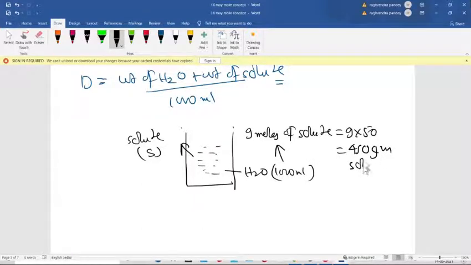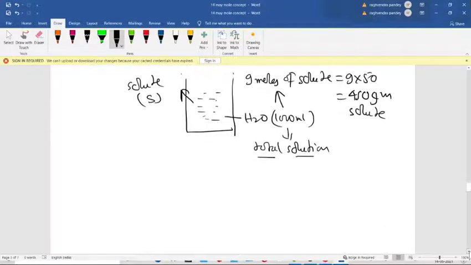But what is the weight of water in this 1000 ml? Because 1000 ml is not just water, it is the volume of total solution. So we just can't take 1000 ml as water and add this one. So that's why the molality is given.